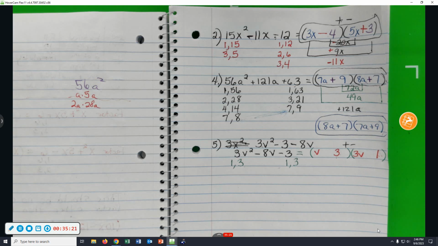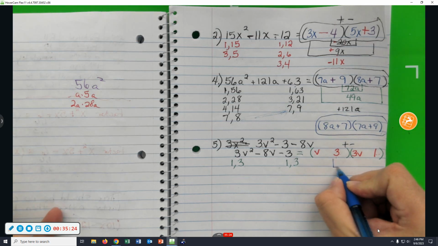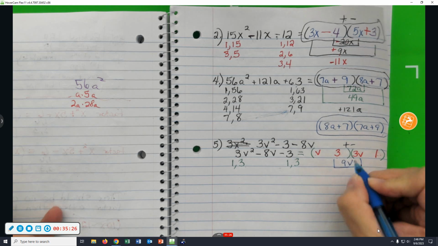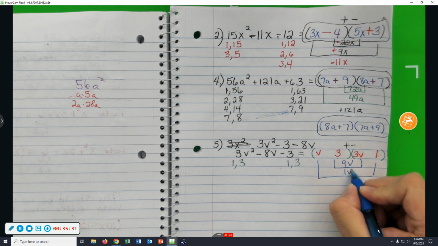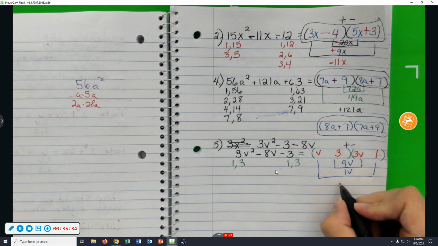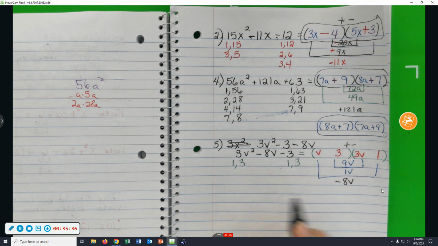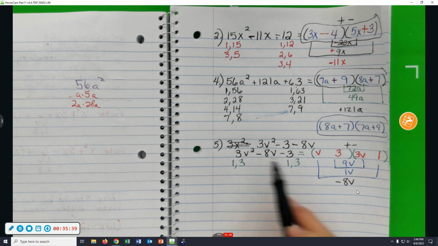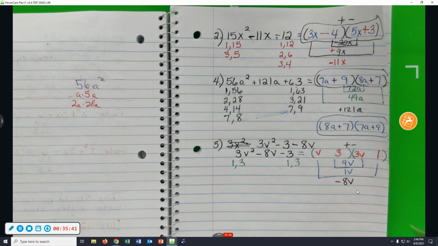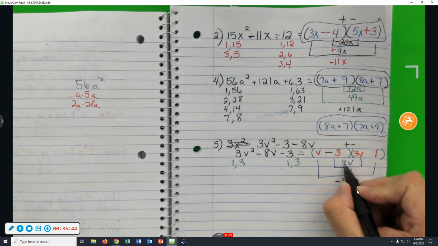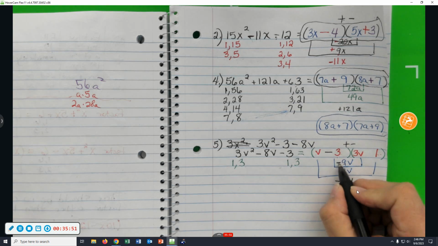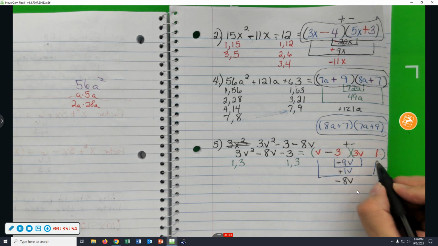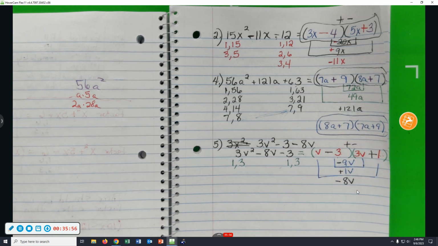How am I going to arrange the plus and minus in order to make it work out and give me a negative 8b? What were you going to say, Tim? I was going to ask, what are we trying to get? We're trying to get a negative 8b. You said it. Okay. The bigger number should have the negative. So 3 is the thing that should be negative. So put a minus in front of the 3 and a plus in front of the 1.